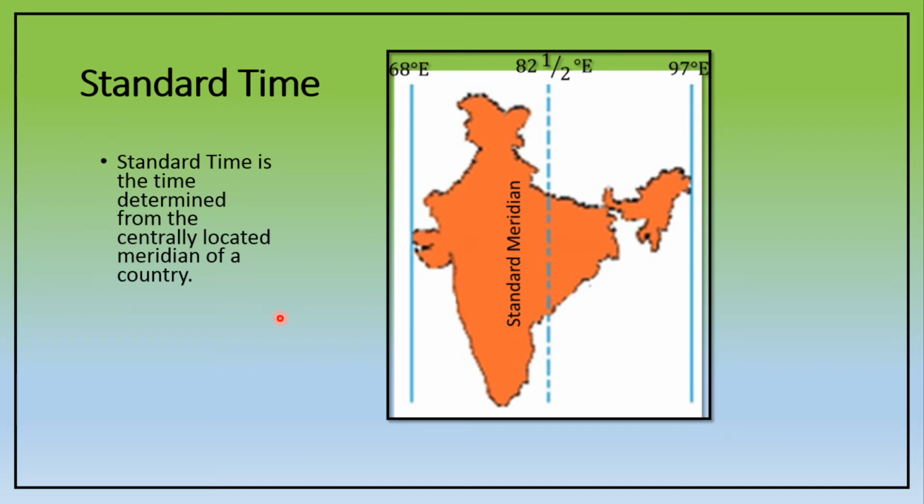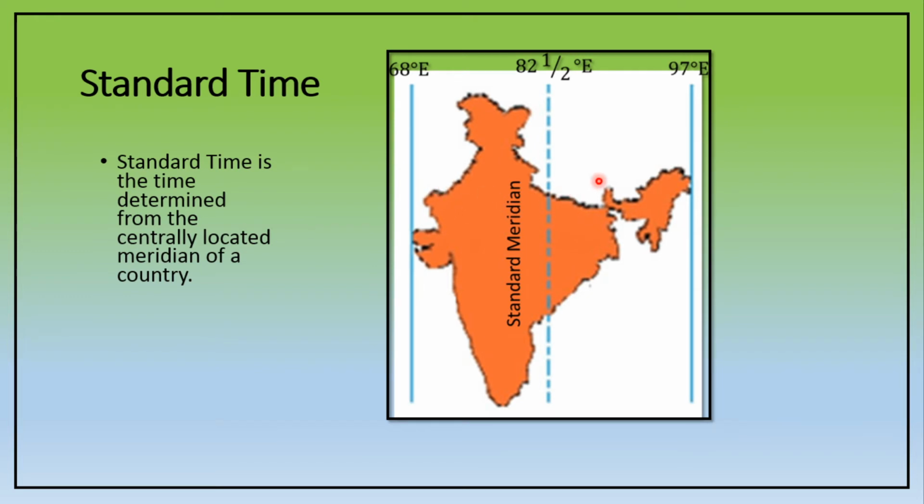Even if they are in the northern hemisphere or southern hemisphere, they will all be seeing the sun overhead, because this particular longitude is facing the sun. Now, time can be measured with the help of standard time. Standard time refers to the time determined by the centrally located meridian of a country. Take the example of India, because we all are living in India.